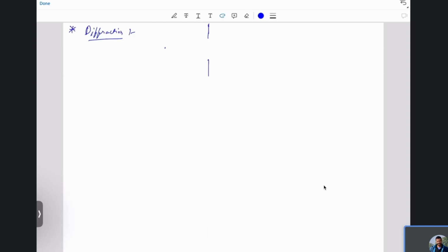We cannot always have a source at infinity. So now, what can you do to make the beams parallel? Yeah, exactly. So you can use a convex lens to convert the diverging beams into a parallel beam.